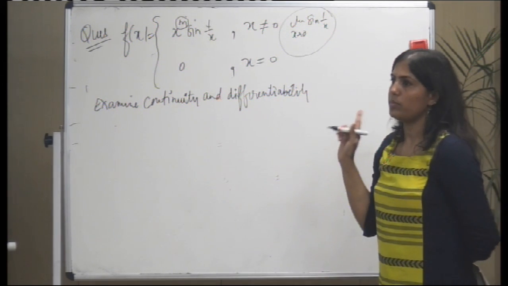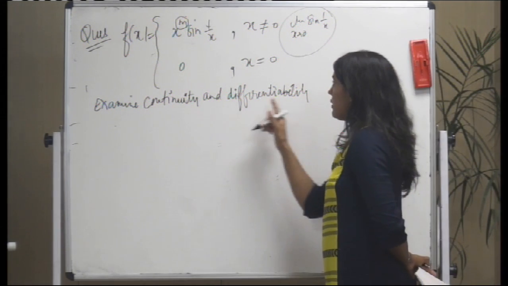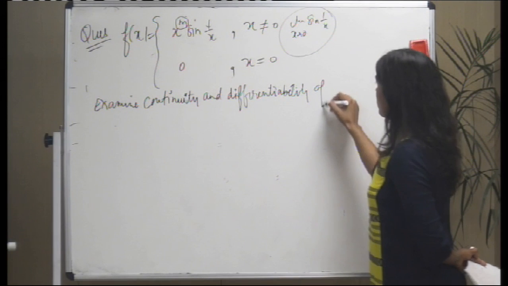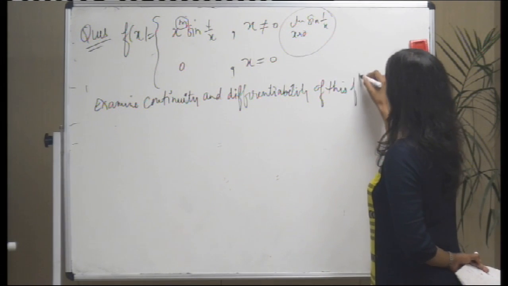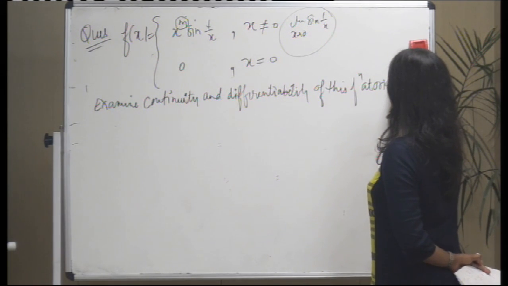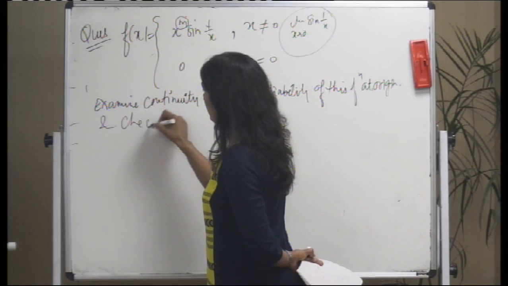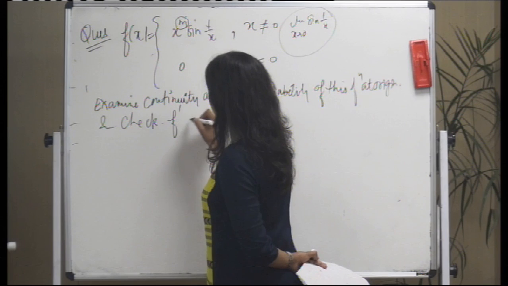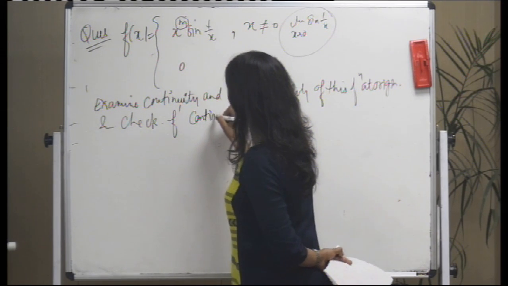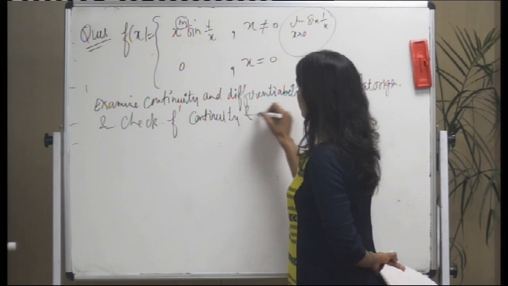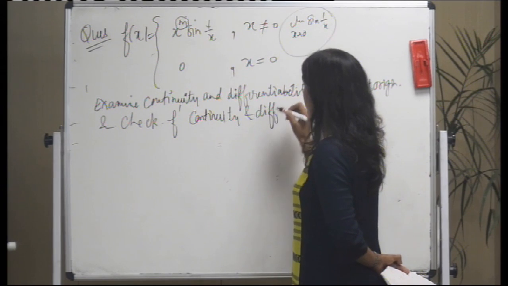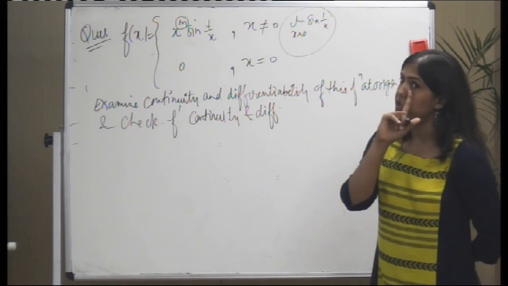This is the problem basically. So examine continuity and differentiability of this function at 0, at the origin. And one more thing, check continuity and differentiability of f dash, the derivative, also.